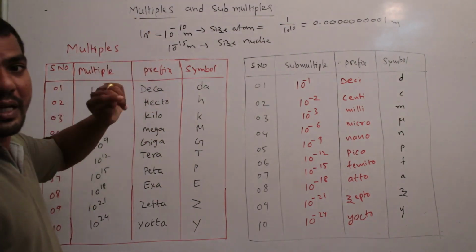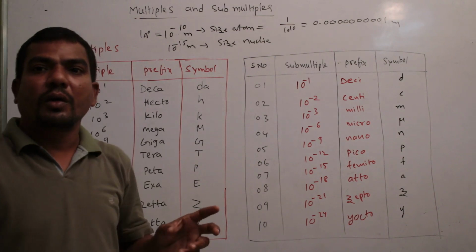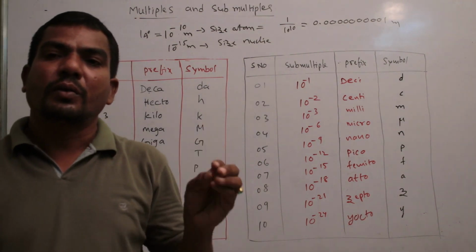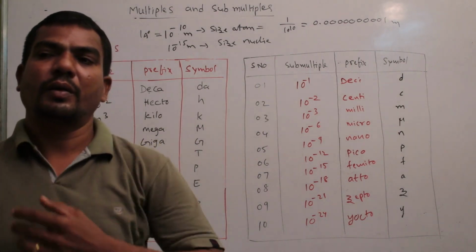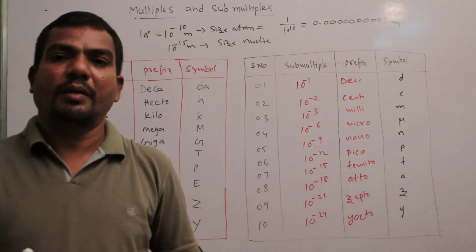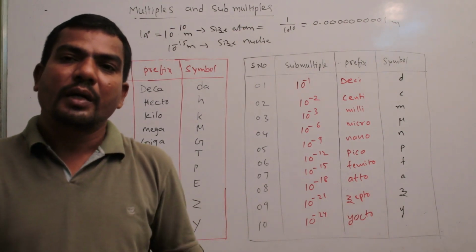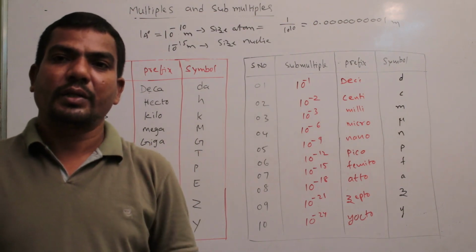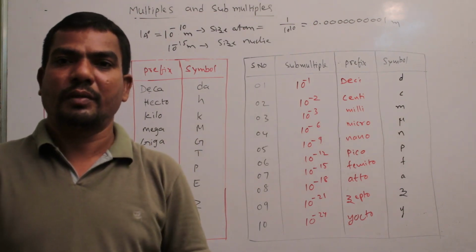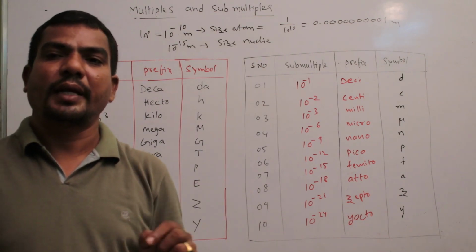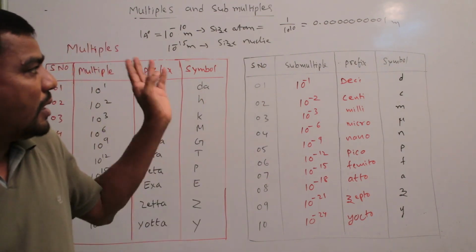In the first example, the total distance from Delhi to Agra is 2 lakh meters. That is a large number, which can be simplified in terms of kilometers as 200 kilometers. So kilo is the multiple of tens in that example.